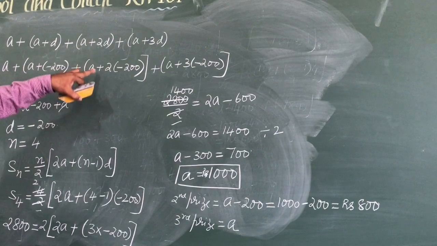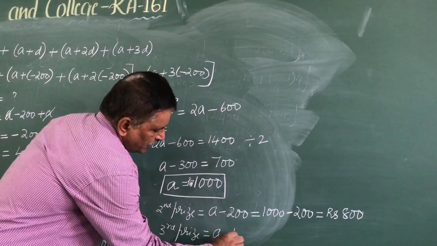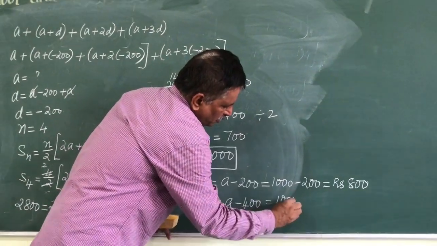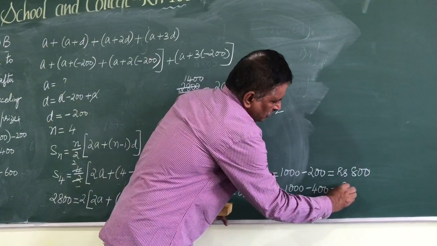A plus into minus, 2 into 200, 400, minus 400, which is equal to 1000 minus 400, which is equal to rupees 600.